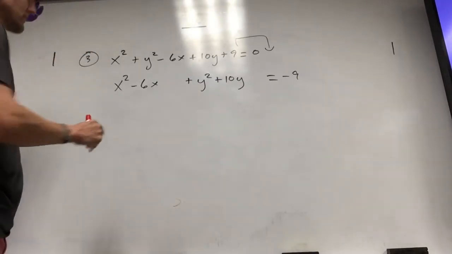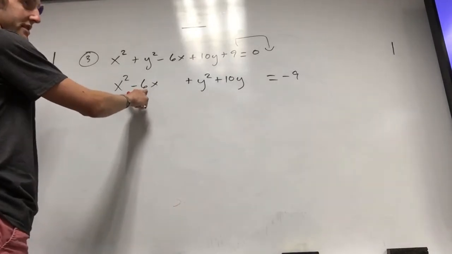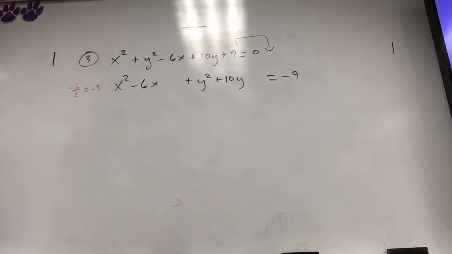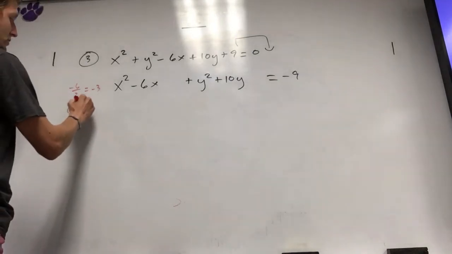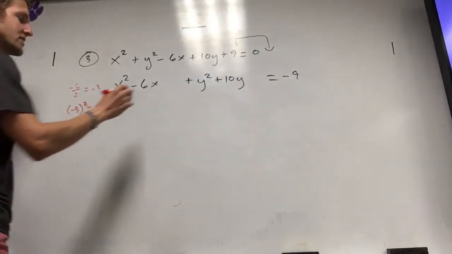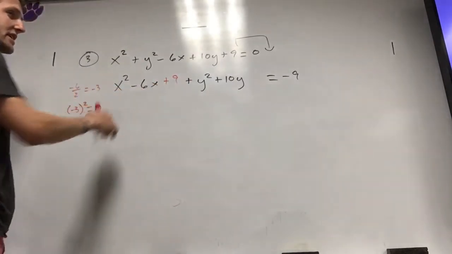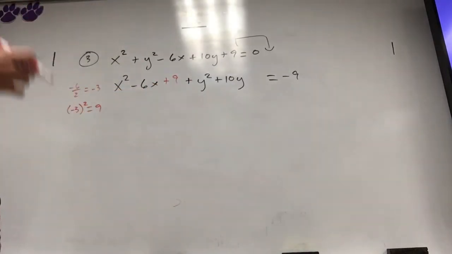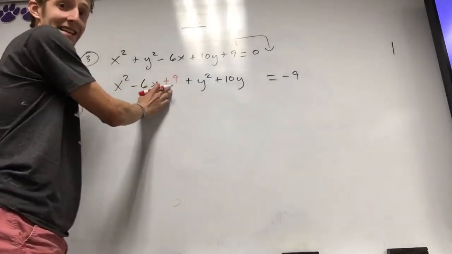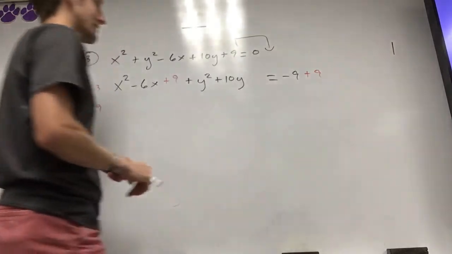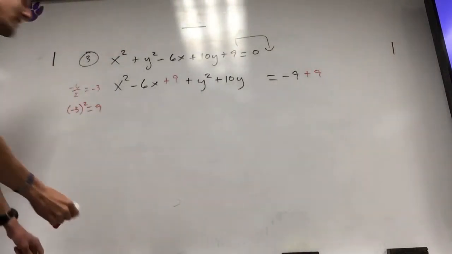Take half the middle term. What's half the middle term? Negative 3. Then I'm going to square it. It's always positive. What multiplies to 9 and adds to negative 6? Negative 3 times negative 3, that's a perfect square. Now notice I added 9 to the left side. I got to add a 9 to the right side here to keep things equal and balanced.